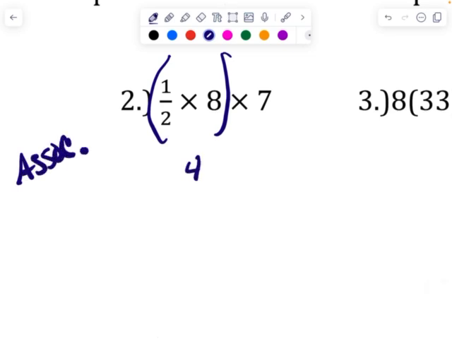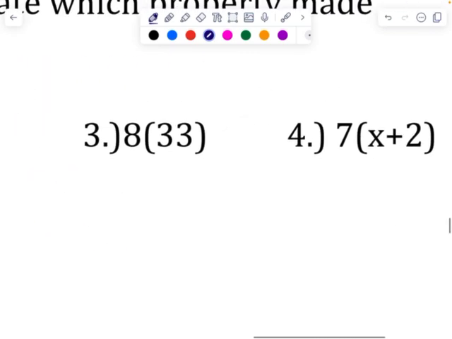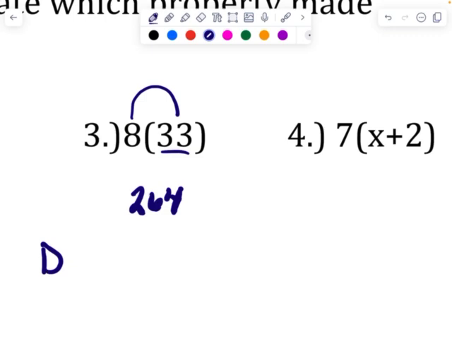Half of 8 is 4, times 7 gets me 28. Number 3, I simply see 8 and then 33 inside parentheses. I know that's 8 times 33, and I should get 264. It's using multiplication, but we did draw that rainbow, or that partial Santa hat, distributive property.